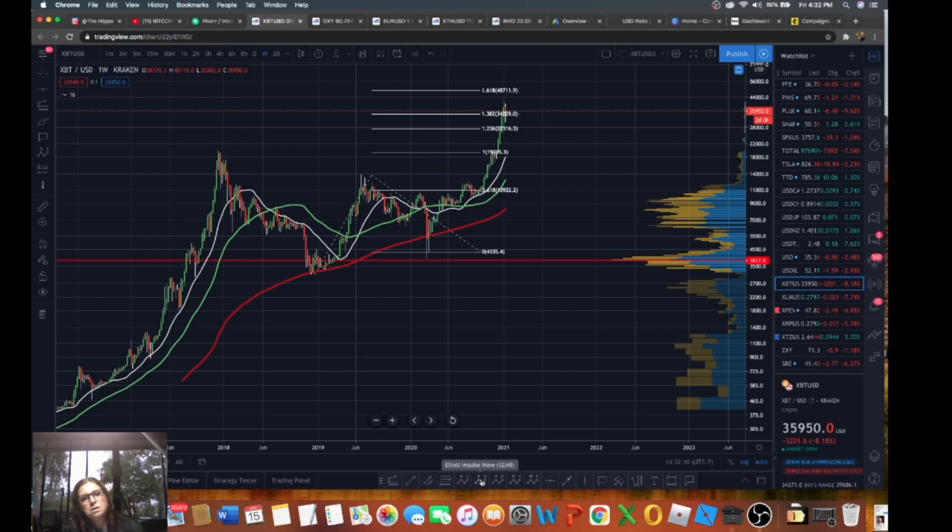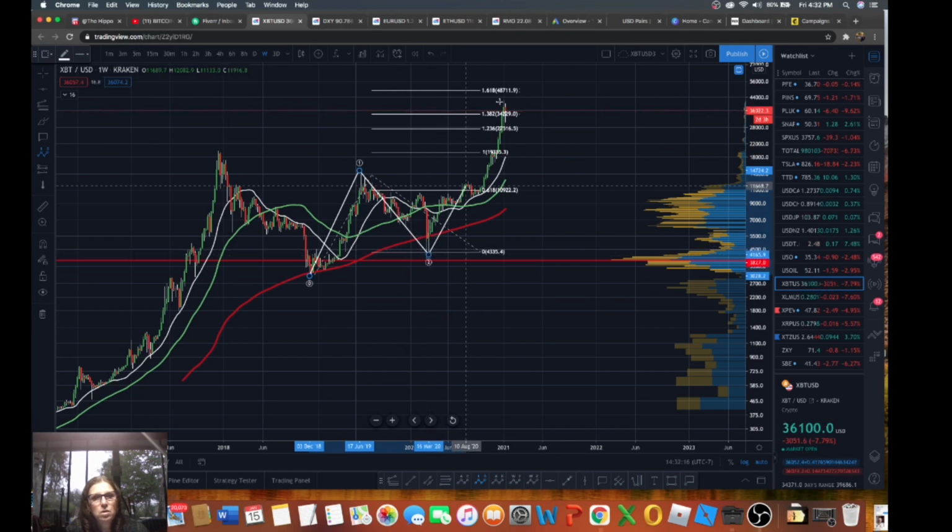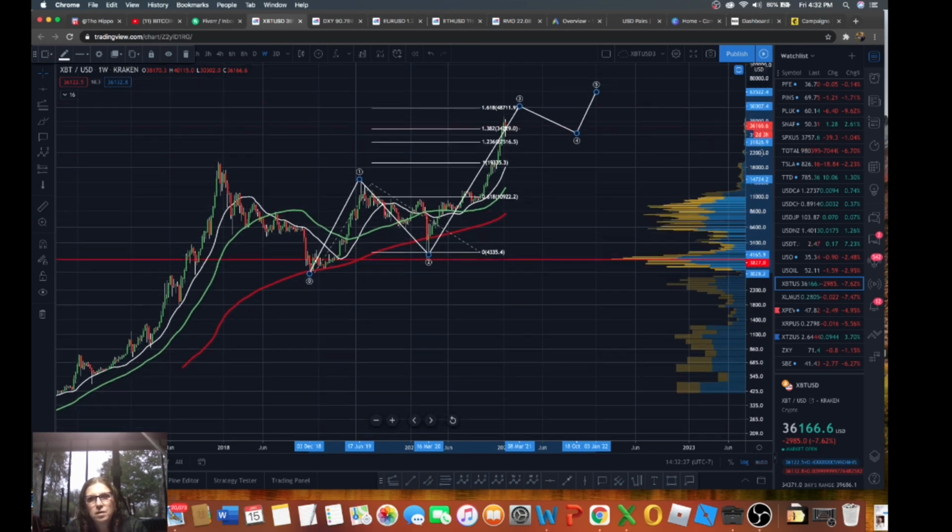So basically, we're looking at a wave 1, a wave 2, a wave 3, wave 4, which will probably come out sideways, and a wave 5 on up there.